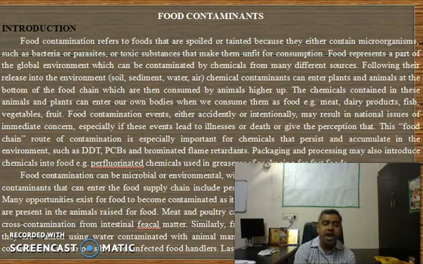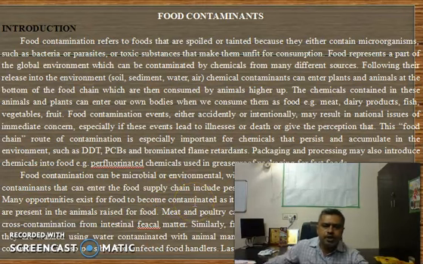All are bad. Now they are banned in our region. Packaging and processing may also introduce chemicals into our food products, for example perfluorinated chemicals used in grease-proof packaging for fast foods. So that should be our data, and there are ways to retard this.